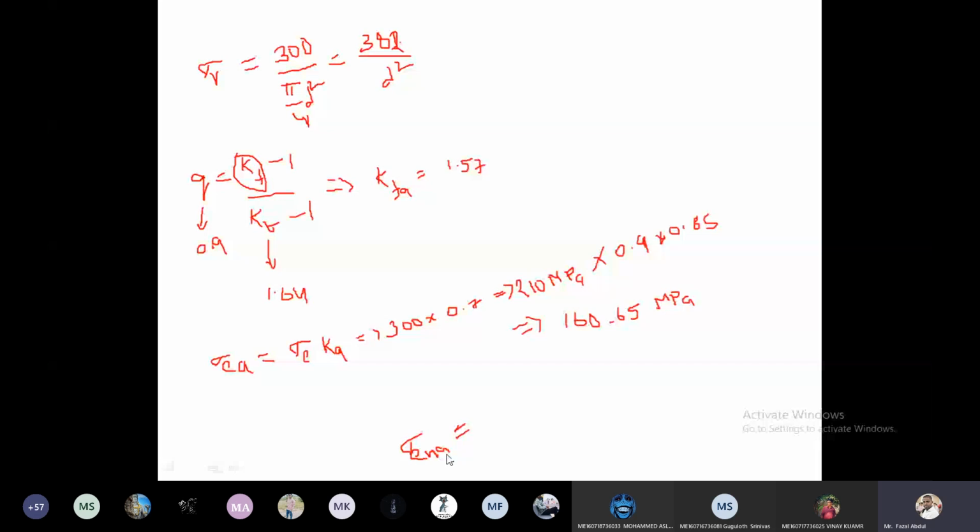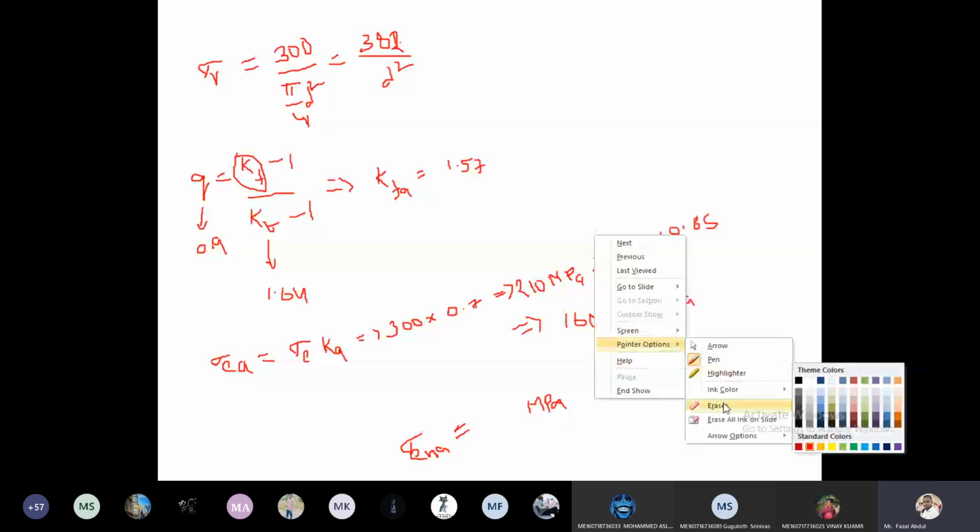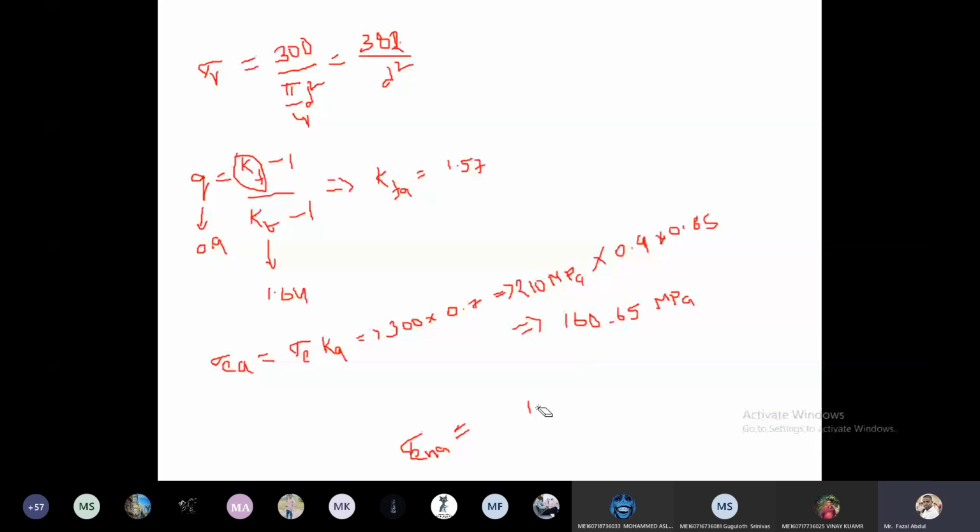While you are calculating, the d value is required. The d value only we need to calculate. The answer comes in terms of megapascal. What is the equivalent normal stress due to axial loading?